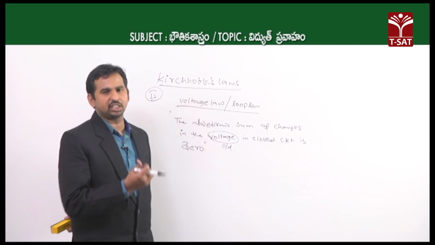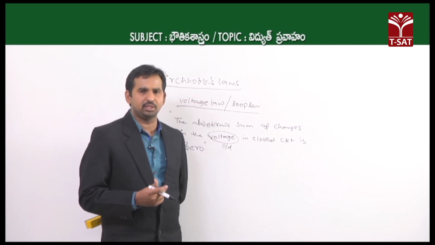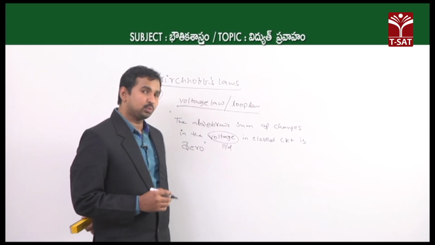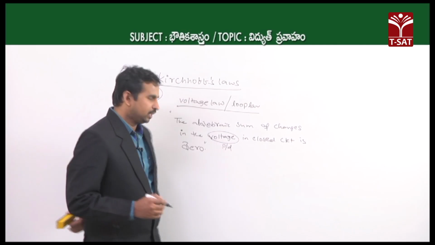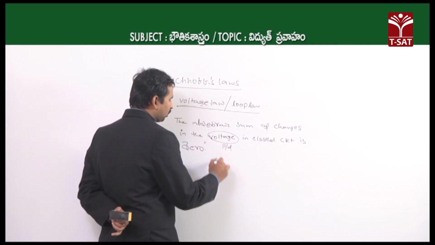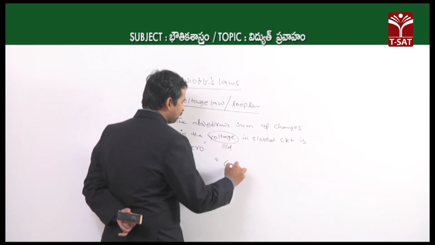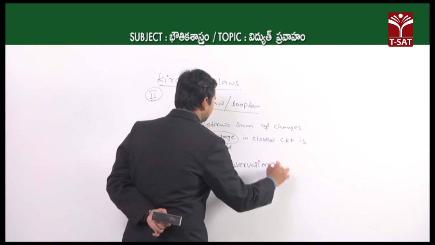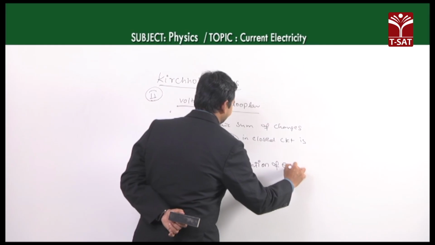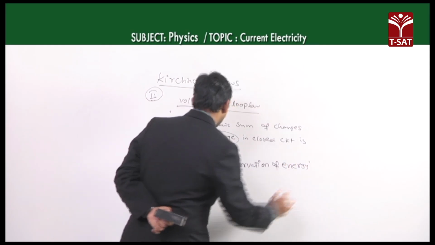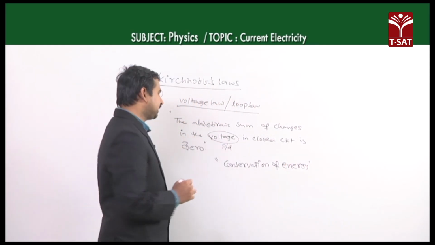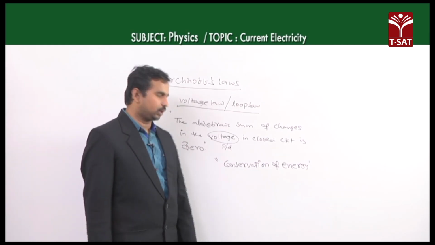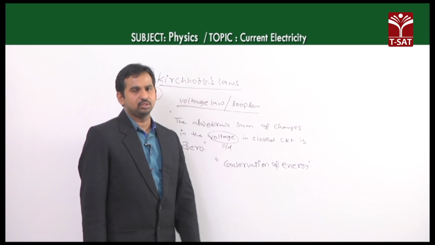The change in the energies becoming 0 means no energy is missing, which is why this voltage law or loop law is a consequence of conservation of energy. So the algebraic sum of the changes in the voltage in a closed circuit is always equal to 0.